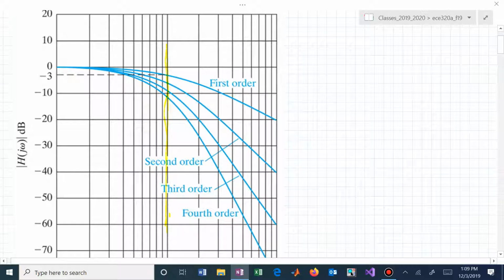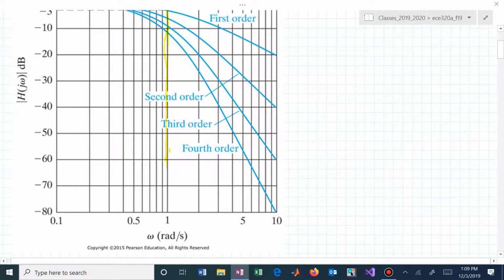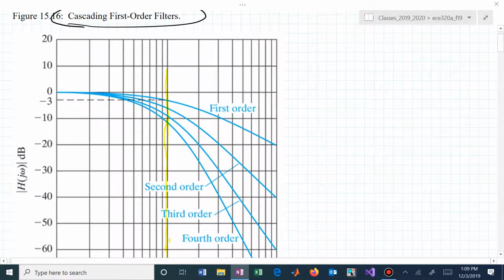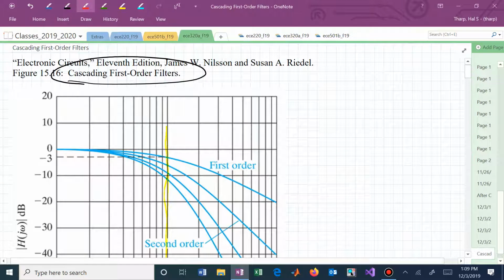And do you see what happens to the magnitude? The yellow highlight is in fact our normalized frequency of 1. When we have the first order, we're hitting the minus 3 dB just right, just as we had thought.